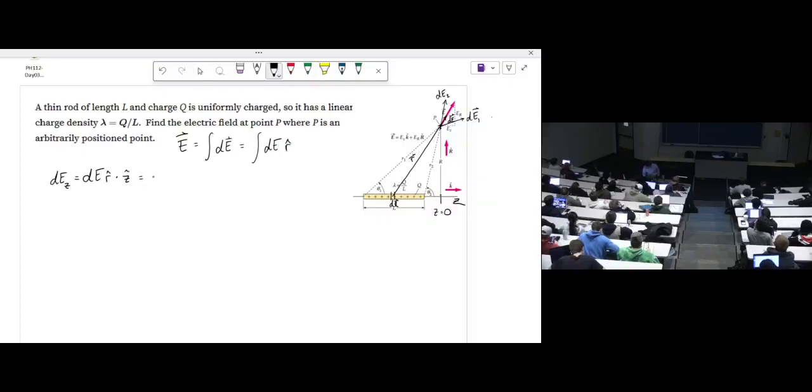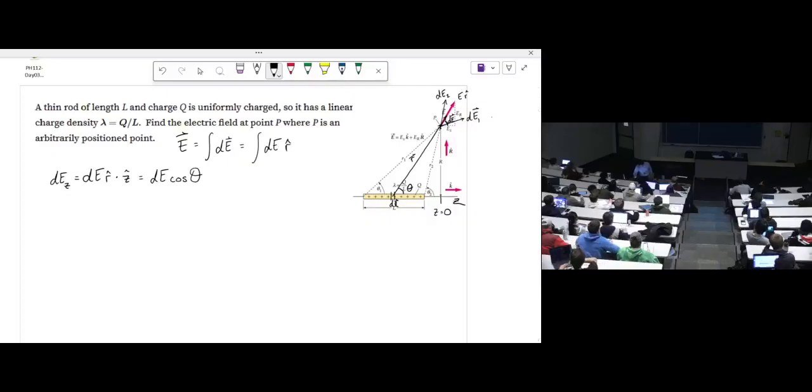And then this is equal to dE times the cosine of theta. Now, how did I derive that it should be dE times the cosine of theta in this case? Maybe it would have been better if I'd shown here, if this is the angle theta right here, then this is the angle theta between, in the r direction, this red line, which is E in the r hat direction, and the z direction.